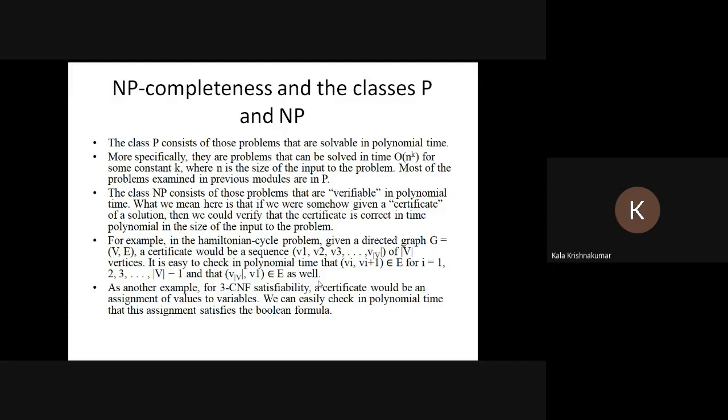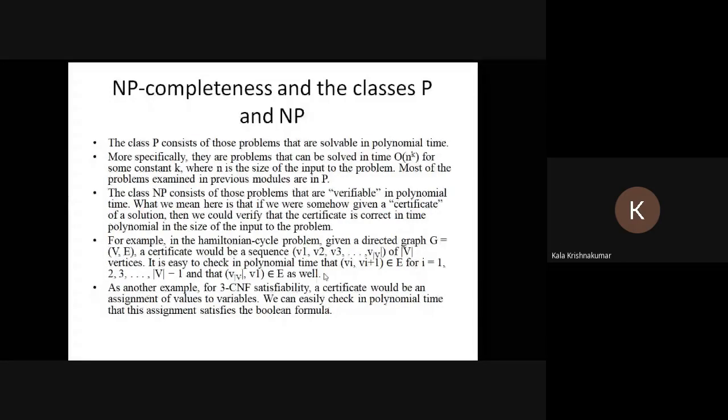How can I check that? I should check whether there is an edge between each pair of consecutive vertices in this sequence. Which means I can verify that (Vi, Vi+1) is an element of E, for i equal to 1, 2, 3, up to n minus 1, and that (Vn, V1) is an element of E as well.